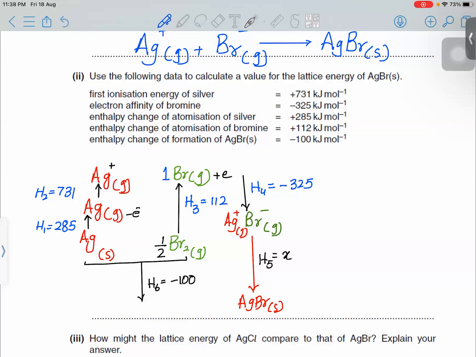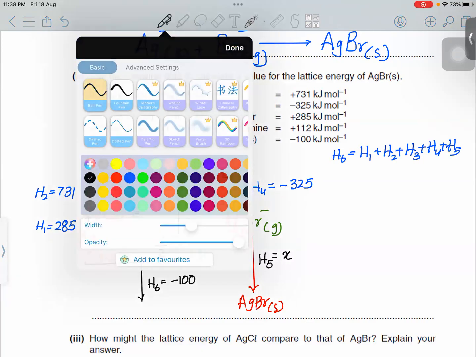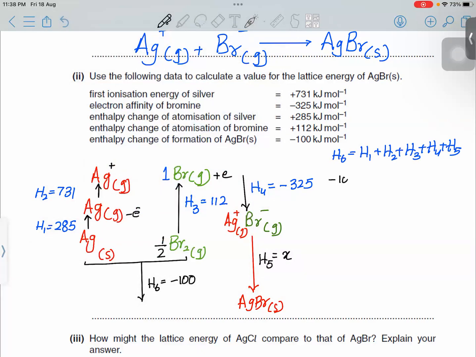So H6 is equal to H1 plus H2 plus H3, sum of all enthalpies. Okay. Now H6 is given, which is minus 100. H1 is 285. H2 is 731. H3 is 112.